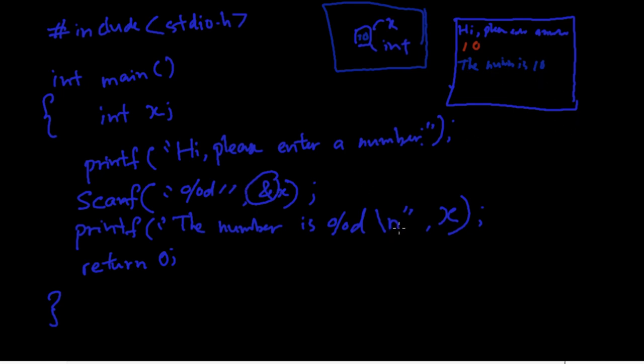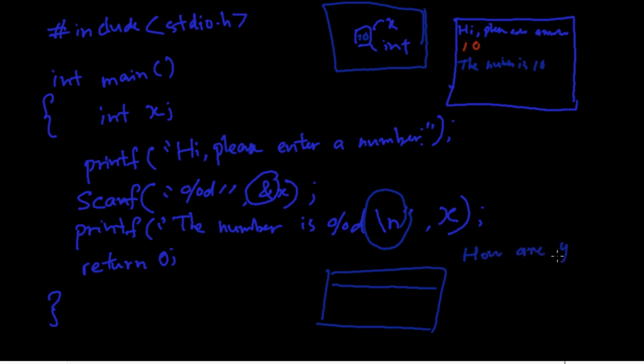Now what is this \n? If I were not to use \n, my whole program would just go in one line. \n means go to the next line. Let me give you an example. Like, how are you?